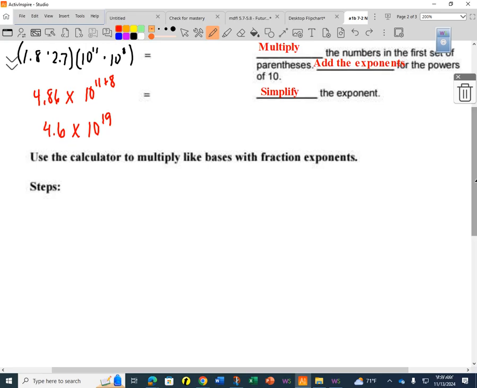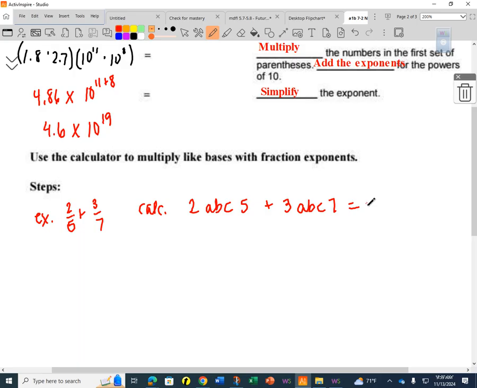I was going to remind you how to use the calculator to add fractions. So if we're adding 2/5 plus 3/7, let's say, remember on our calculator, it's 2 ABC 5 plus 3 ABC 7 and equals. Okay? So everybody gets kind of freaked out when they see fractions as exponents, but it's exactly the same thing.